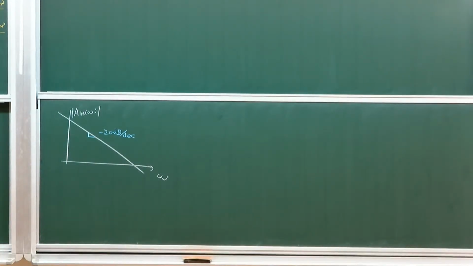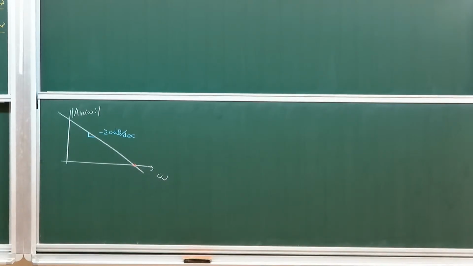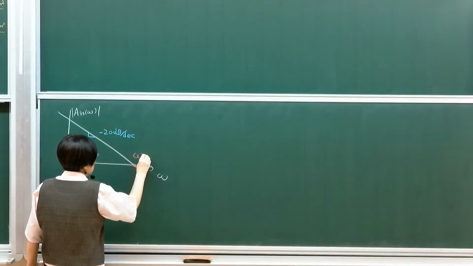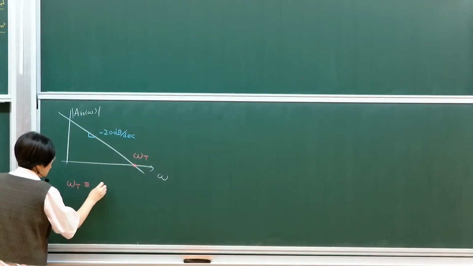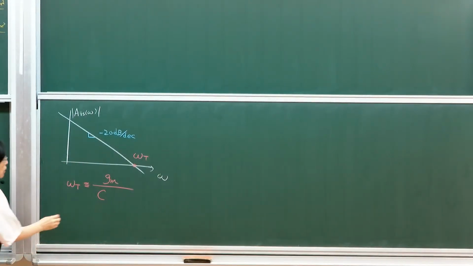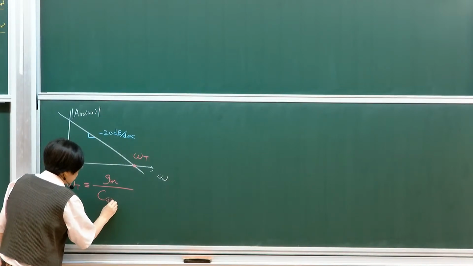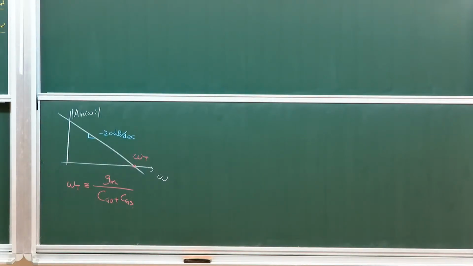And the key important thing is the intersecting point of the short circuit current gain of a MOSFET. So this is omega t. We already obtained that omega t is approximately your transconductance driving your own parasitic. So it's sort of like you're driving your own baggage. There's two, CGS, CGD. That's the main transistor capacitance which we're driving. These are not actually critical in most cases when we discuss short circuit current gain.